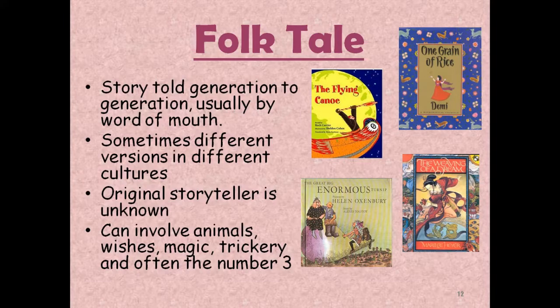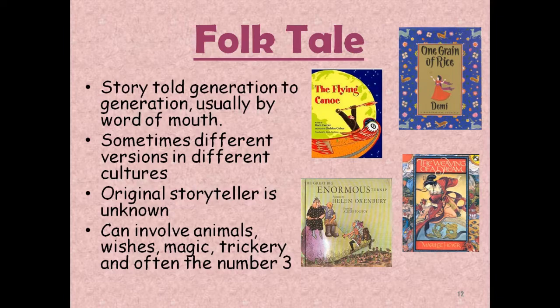Next one is we have folk tale. Folk tale, this kind of story told generation to generation, usually by word of mouth, sometimes different versions in different cultures. Original storyteller is unknown, can involve animals, wishes, magic, trickery, and often the number 3.